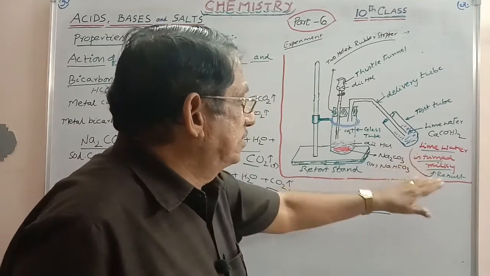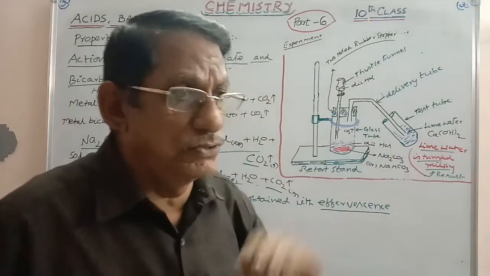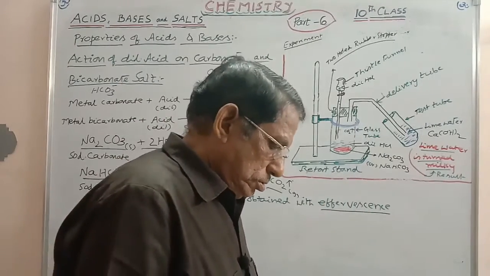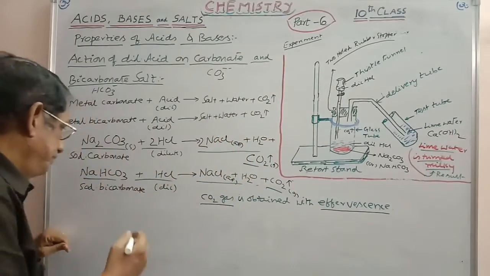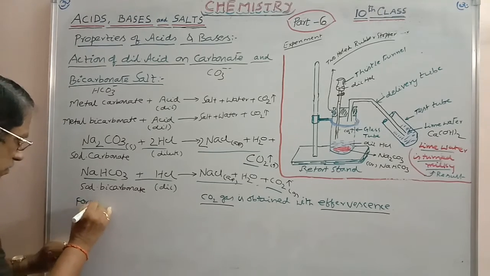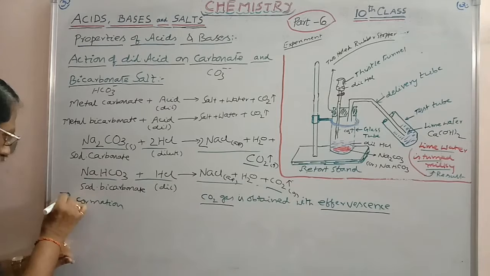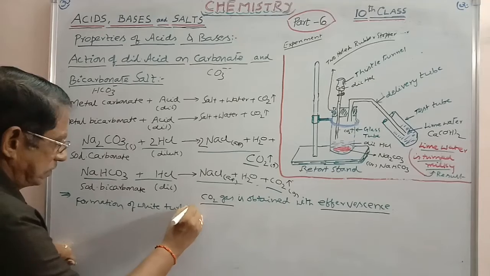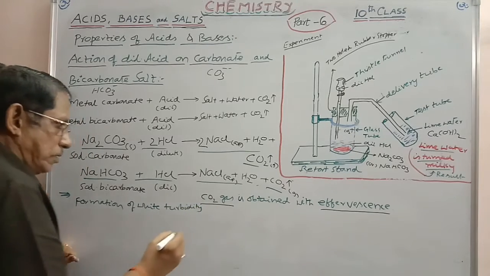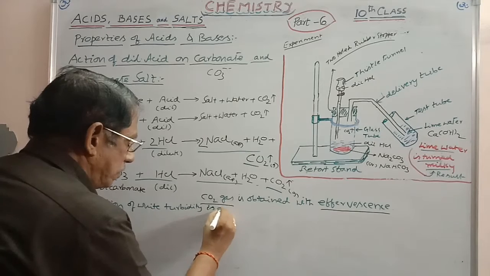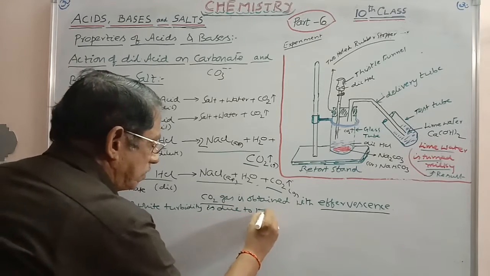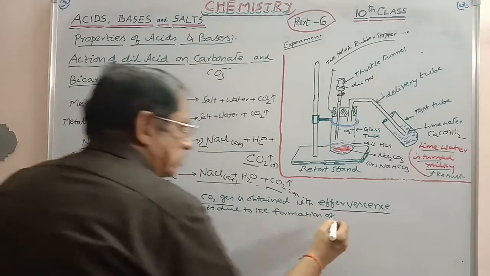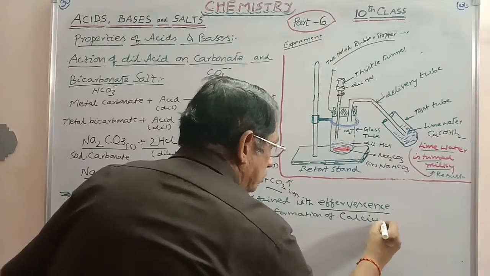Now, what is the reason for lime water turning milky by the passage of CO2? That means some reaction is going on. Formation of white turbidity, why is it obtained? It is due to the formation of calcium carbonate, which is insoluble.